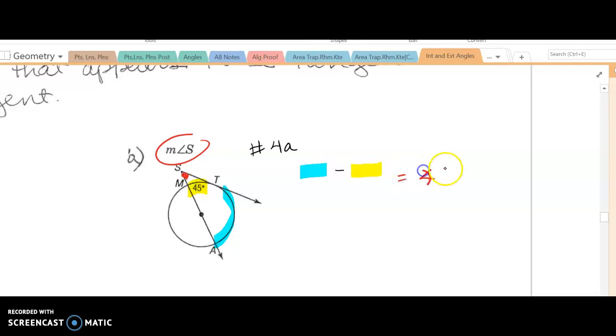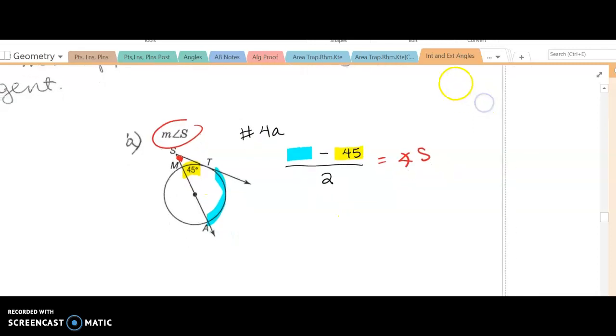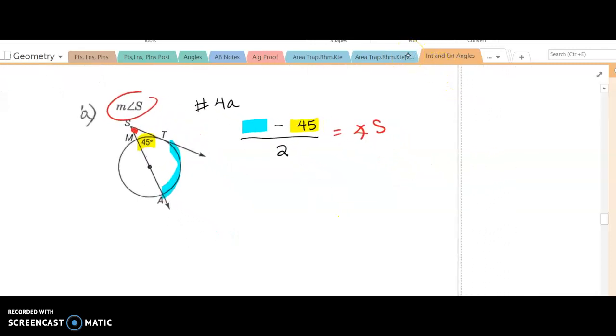So that's angle S. So we see that we have the 45 in yellow. I don't know angle S's degrees, nor do I know the blue angle, or blue arc for that matter. The key to this whole problem is recognizing that this line here goes through the middle of the circle, because if that secant goes all the way through the middle of the circle, then it's a diameter, and we know that this half of the circle is 180 degrees.